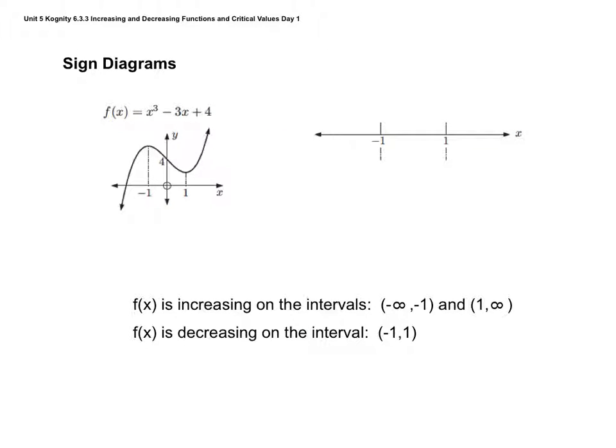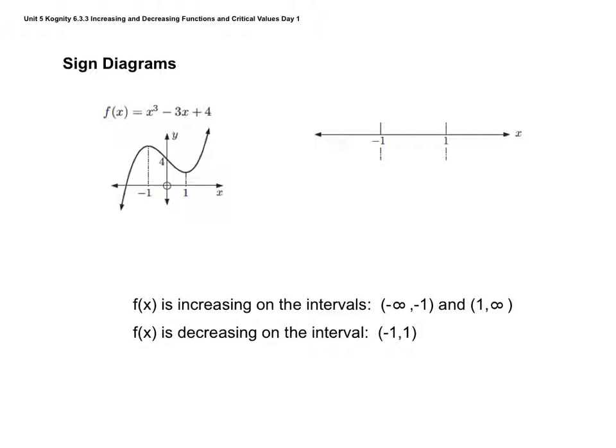All right, so let's start digging into the math a little bit, okay? Here I've given you the graph and I've given you the answer. I want us to see the math behind the answer. Here we have the graph of the function x cubed minus 3x plus 4.